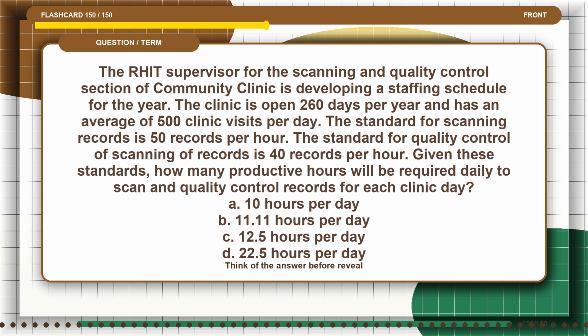Given these standards, how many productive hours will be required daily to scan and quality control records for each clinic day? A. 10 hours per day. B. 11.11 hours per day. C. 12.5 hours per day. D. 22.5 hours per day. Think of the answer before the reveal.